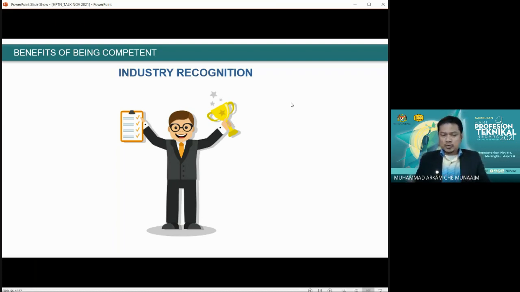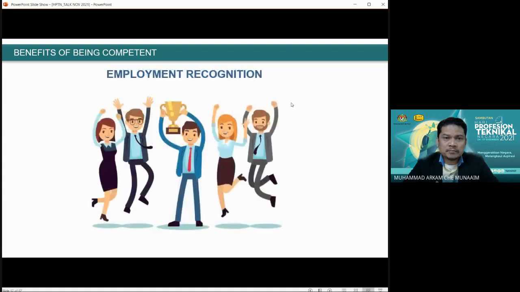But the thing is, to top up with something that is industry recognized is more added value to my own credentials in meeting other expectations from the clients. So industry recognition is very, very important in this case, so we can comply once we have this certified competency certificate from CIDB Malaysia.